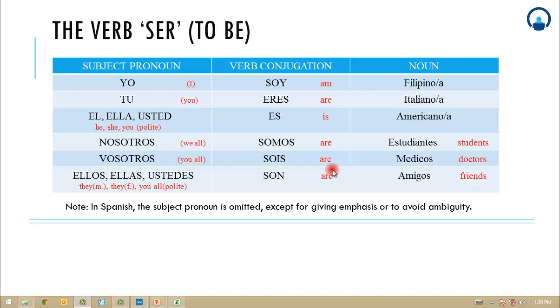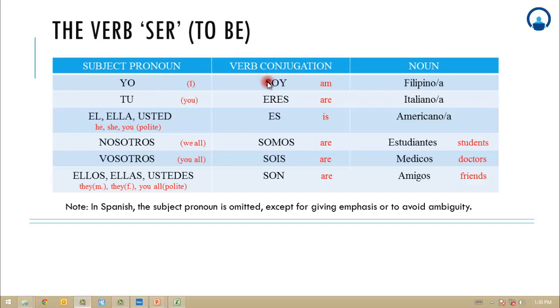Here you can see a table which has got three columns called subject pronoun, verb conjugation and noun. In the column in between, called verb conjugation, these are the conjugations which are made on the verb ser. These conjugations are dependent on the subject pronoun which we use.